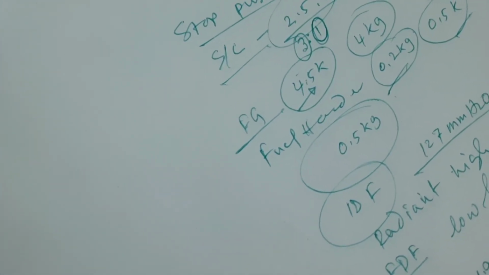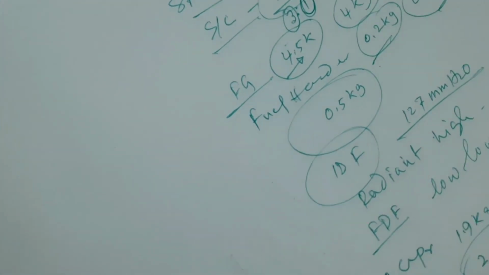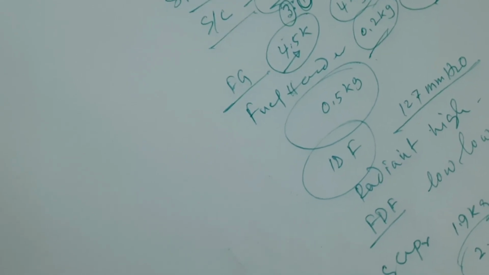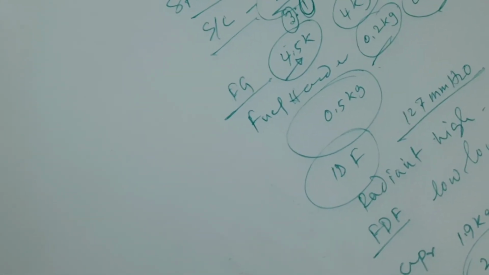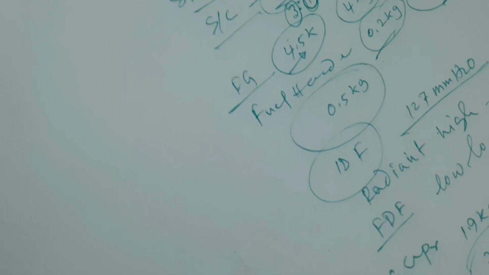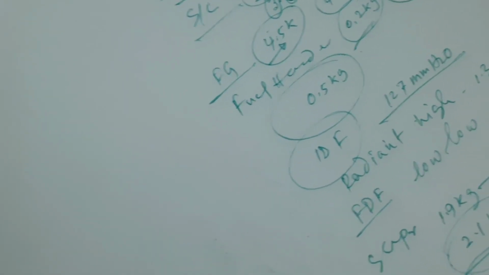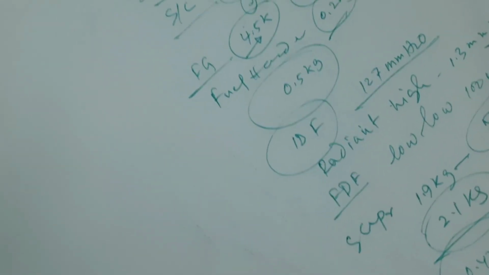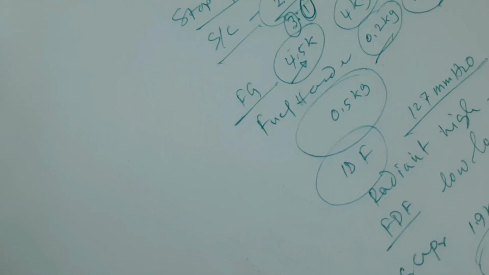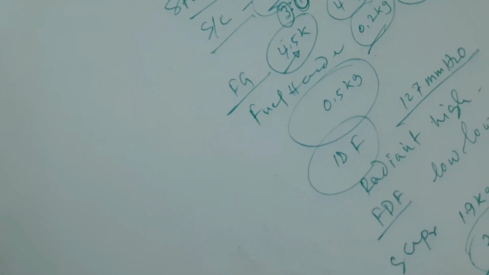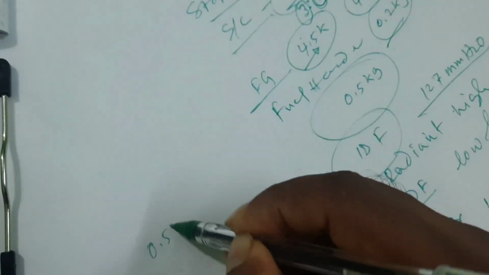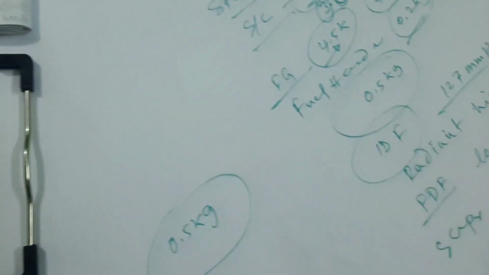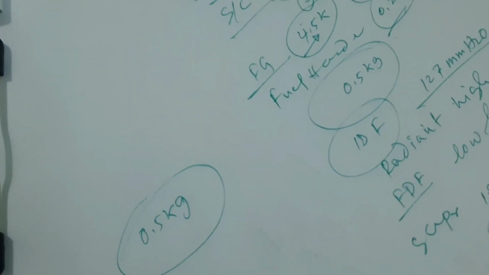Another trip cause: if superheater burner pressure is low, at 0.42 kg, the superheater burner will also trip. Normally the alarm will appear at 0.5 kg, and when it comes to 0.42 kg, the superheater burner will trip. Another trip cause: if primary reformer burner checking pressure is low, that means 0.5 kg checking pressure, the superheater burner will trip.